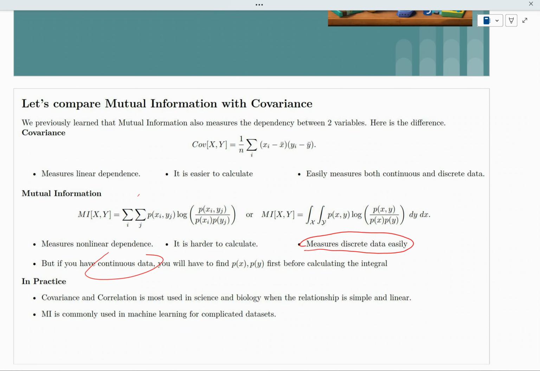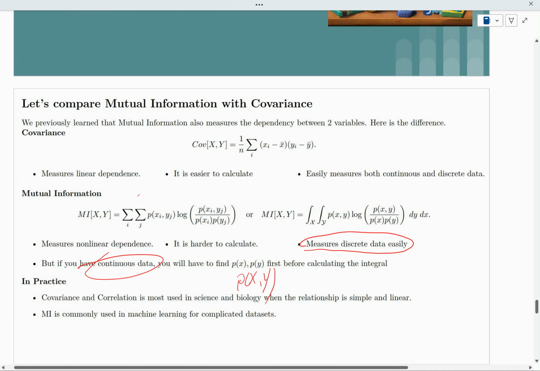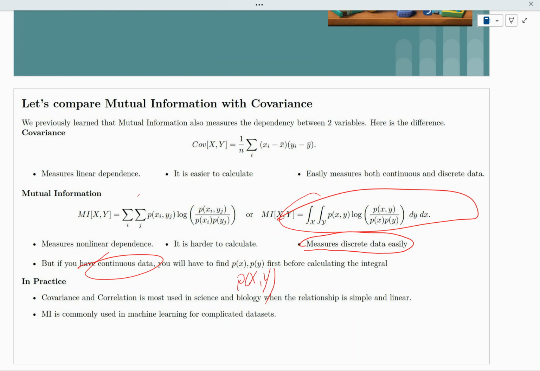But if you have continuous data, then you have a problem, because from the data you need to make sure you get P of X, P of Y, and P of X, Y, since you need those to calculate the integral. And getting these distributions accurately is not necessarily easy. So mutual information is more powerful, but simultaneously it is also more pain, more annoying to calculate.